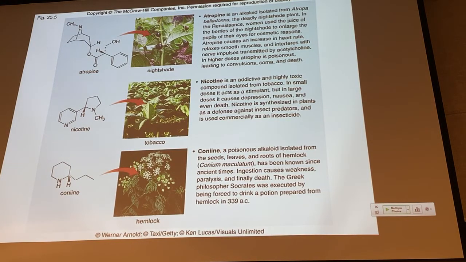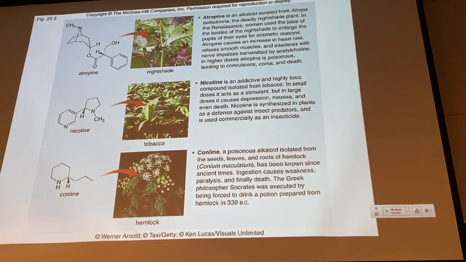Atropine is an interesting molecule. It's part of the deadly nightshade plant. And it will dilate your eyes. If you get too much of it, it will kill you. It will cause convulsions, coma, and death. But if you get a small dose, it'll dilate your eyes. So if you've been to the optometrist and they've dilated your eyes, it may have been atropine. They still use atropine eye drops. They use other types of eye drops as well to dilate your eyes.